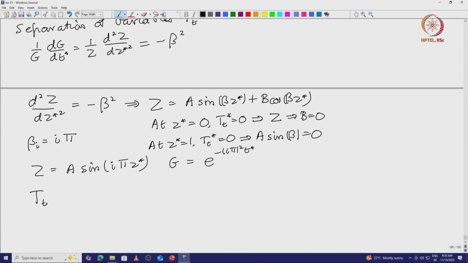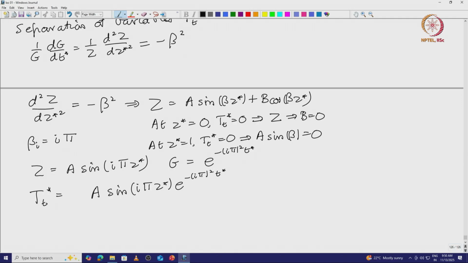Therefore, the transient part was equal to a sine of i pi z star times e power minus (i pi) the whole square t star. This satisfies the equation and the two boundary conditions for any value of i.